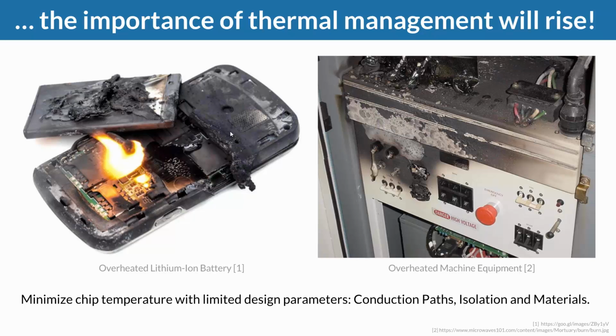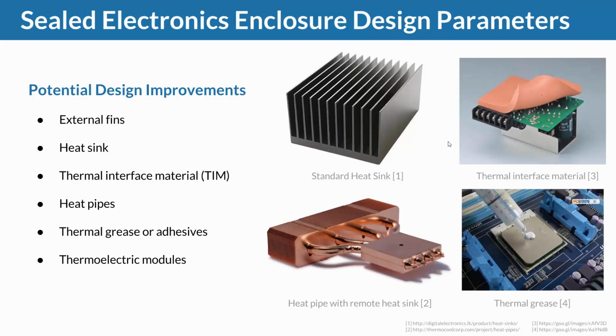We don't have fans jumping on when the phone gets hot. Same here on the right: that's a piece of industrial equipment where there were also no fans built in, and that's the scenario we're going to look at today in more detail. We'll have additional demos where we're also going to talk about actively cooled or not entirely sealed enclosures.